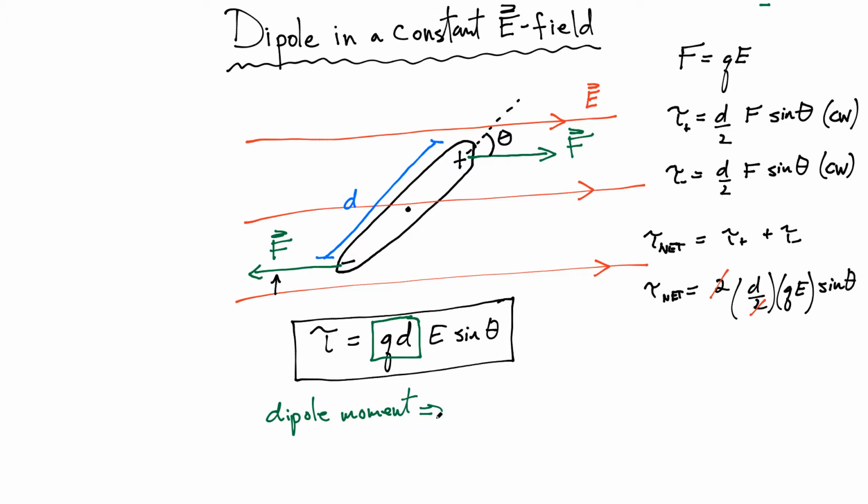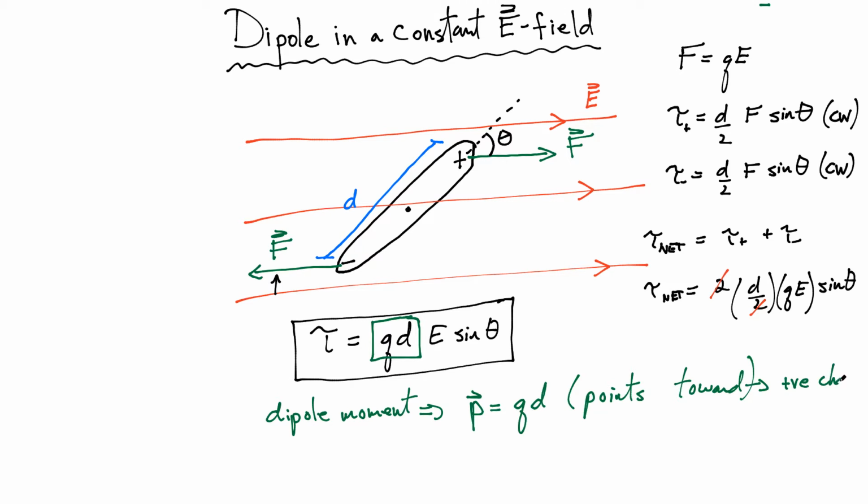The electric dipole moment, we give it the letter P. It's actually going to be a vector. The magnitude of the vector is simply the charge of the dipole, either the positive or the negative, multiplied times the distance between the two charges. And the convention is that the direction points toward the positive charge.